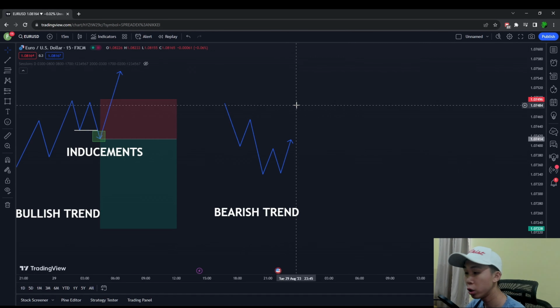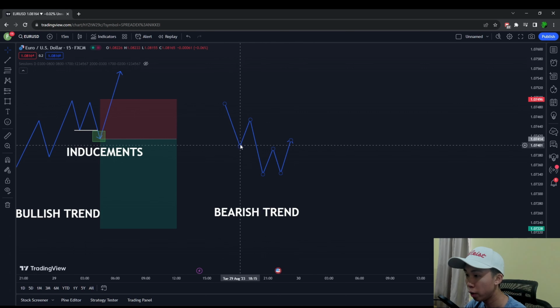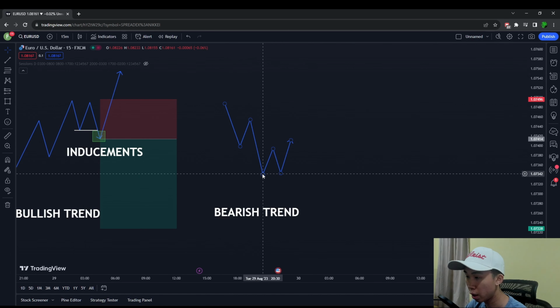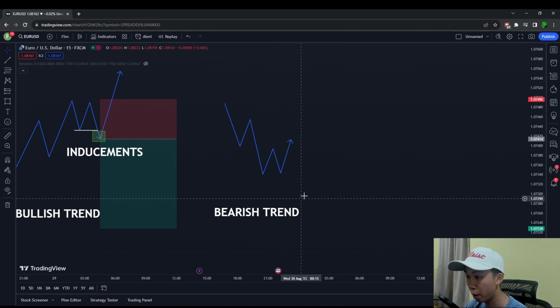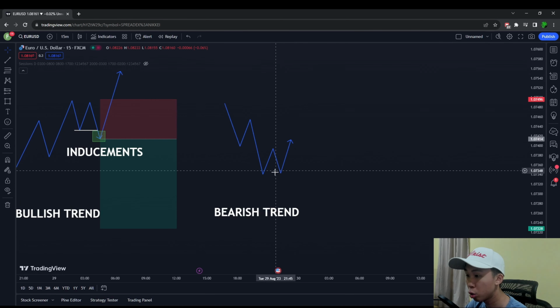Next up, we are going to look at the bearish trend example. So we have a down move, a retracement, a down move once again, a retracement, and everyone is expecting it to make a new lower low, am I right? But price turns out to hit this area, forming a double bottom. That is when traders think that it will potentially reverse and change to a bullish trend.